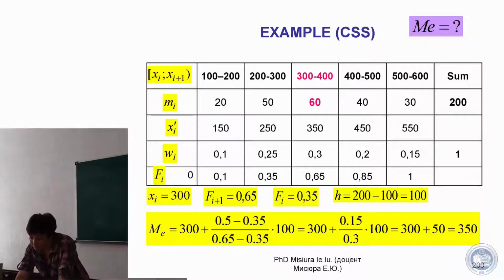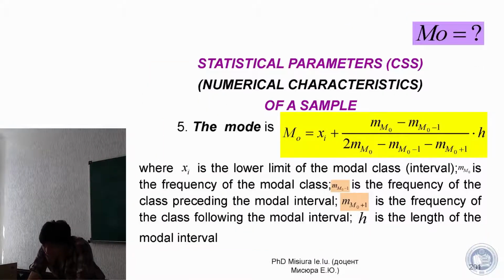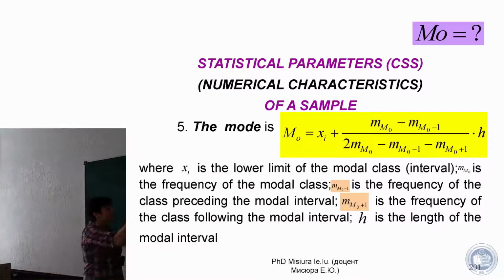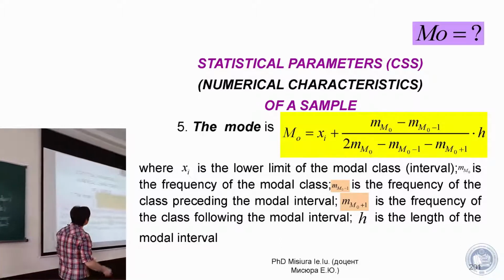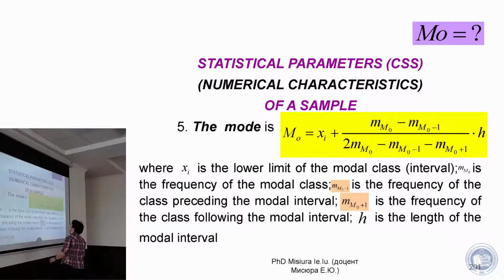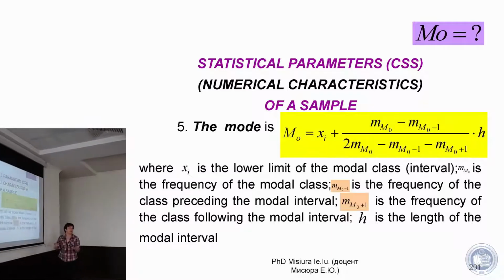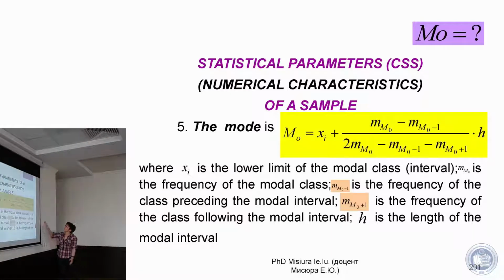Okay, let's continue. And now, students, we have the next formula for mode. Let's look at this. We have xi. Xi means lower limit. We have m_Mo. What is it? It's the frequency of the modal interval. How to explain mode?